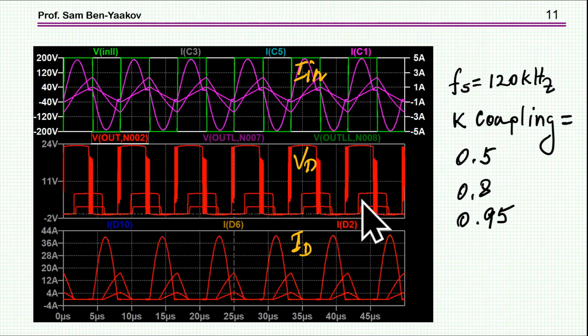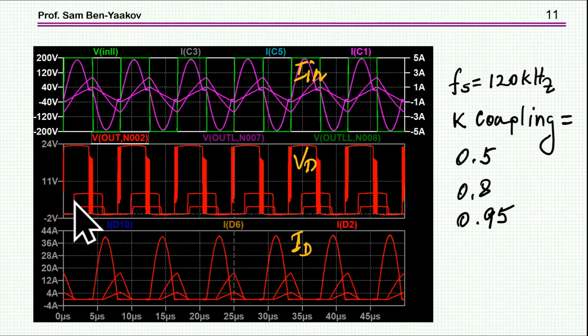And then I did the sweep of the coupling coefficient, 0.5, 0.8, 0.95. Again, they are exactly the same. Notice that for the high coupling coefficient, that is the low leakage, there is some oscillation here, probably between the inductance and the capacitance of the diodes.